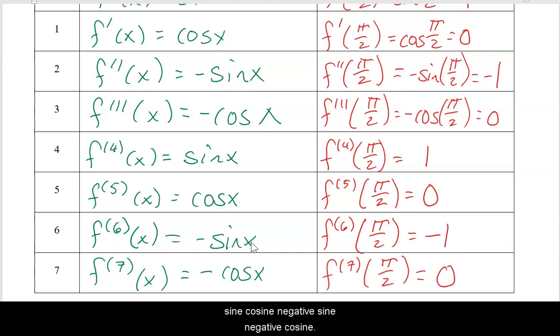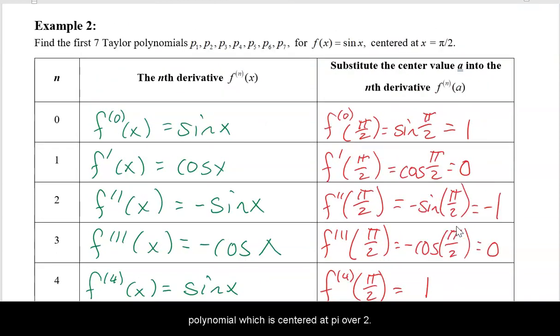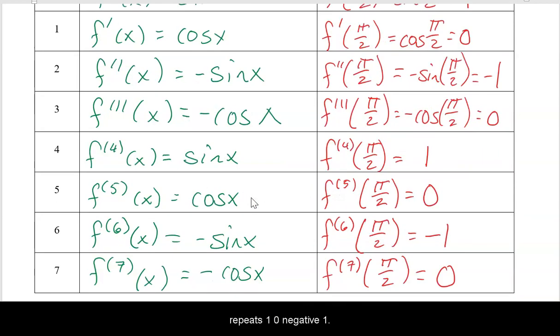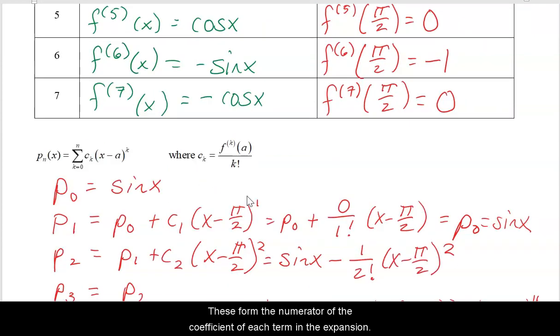However, our center has changed. It's a Taylor polynomial centered at pi over 2. We'll substitute pi over 2, and that will give us a repeating pattern of 4 of 1, 0, -1, 0, and again it repeats 1, 0, -1, 0. These form the numerator of the coefficient of each term in the expansion.